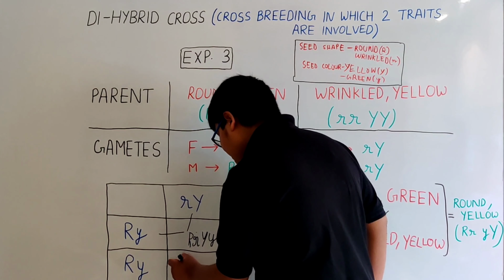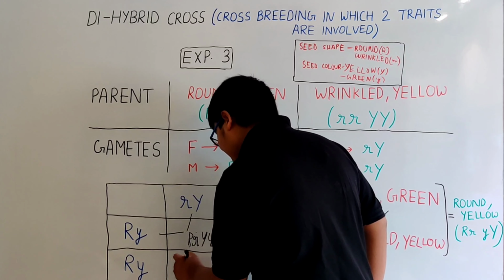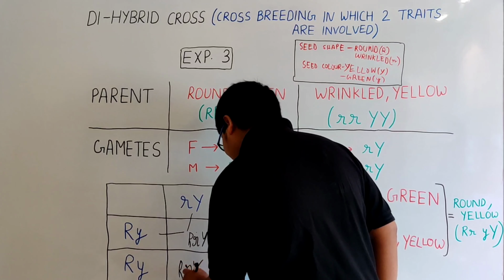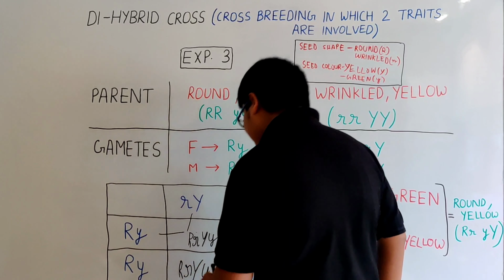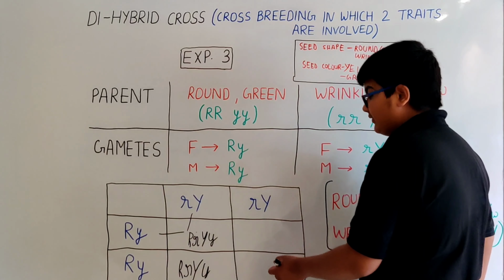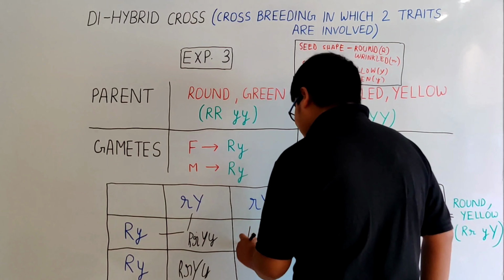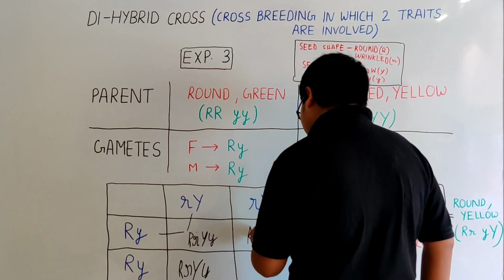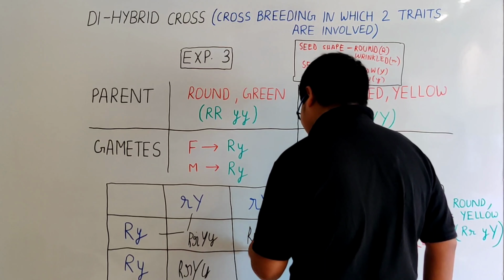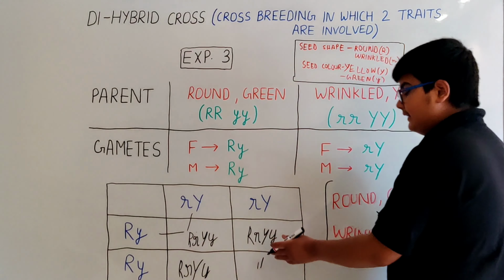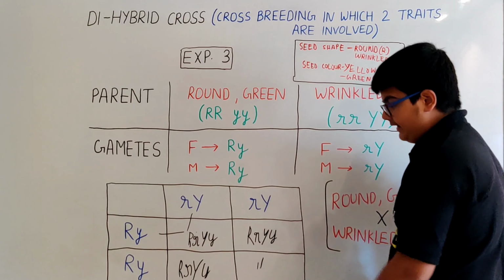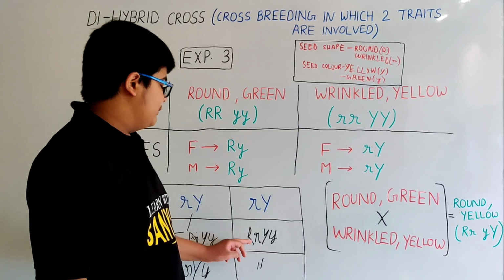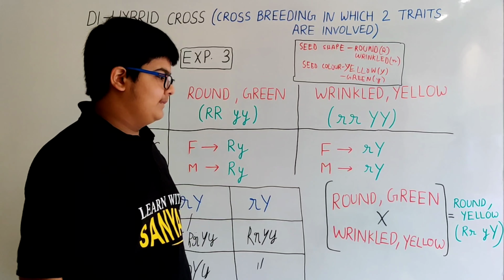The second offspring will also be capital R, small r, capital Y, small y. And similarly the third and fourth offspring will also be capital R, small r, capital Y, small y. So all four offsprings are the same.